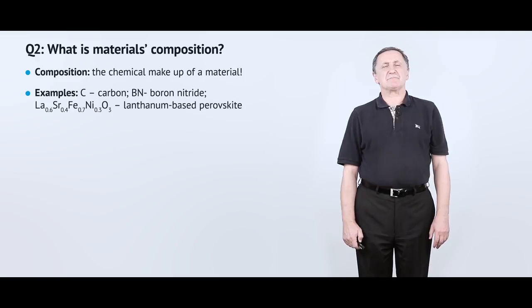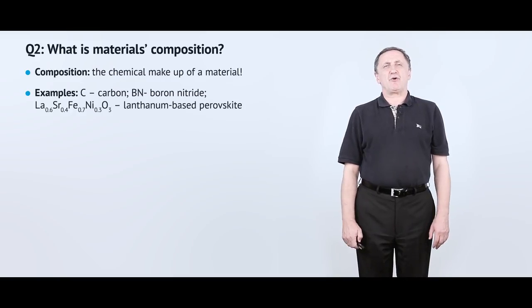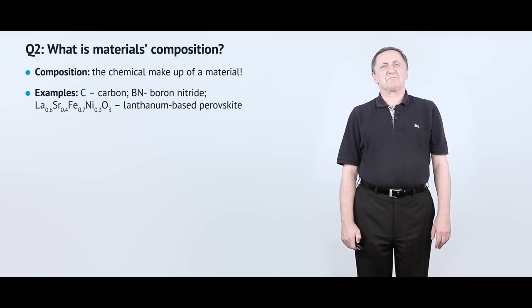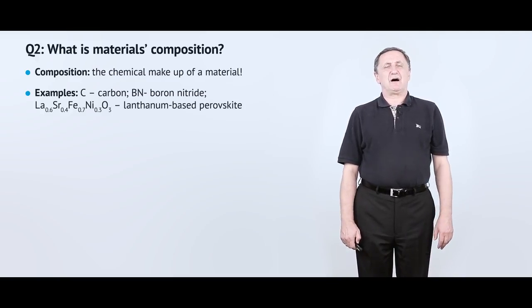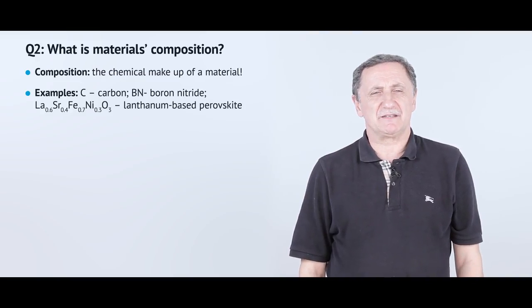It can be just carbon, or it can be a binary phase such as boron nitride, or it can be extremely complex, as the lanthanum-based perovskite shown on this screen, which involves about 5 elements. Of course we can find other materials which consist of 10, 15, 20 different elements. This is material makeup. So that's easy to understand.